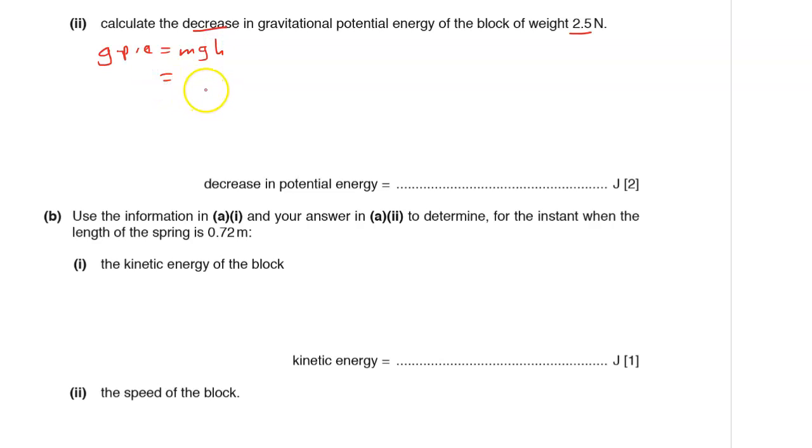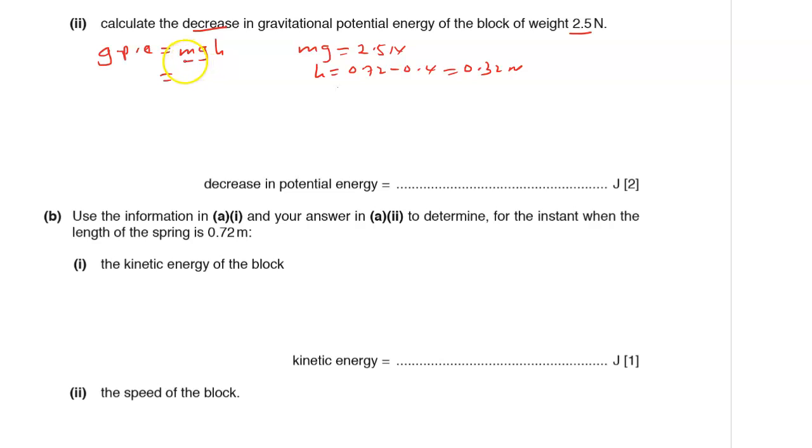Of course, mg is the weight, which is given here as 2.5 newtons. Then the height is the change in height, which you have gotten here as 0.32 meters.